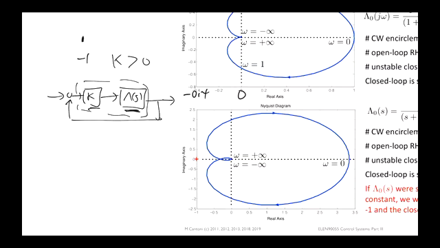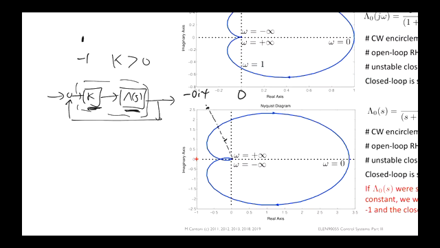So this point corresponds to a particular frequency. If we now multiply lambda by k, it's going to push that point this way if k is bigger than 1, and this way if k is less than 1. It doesn't change the phase.